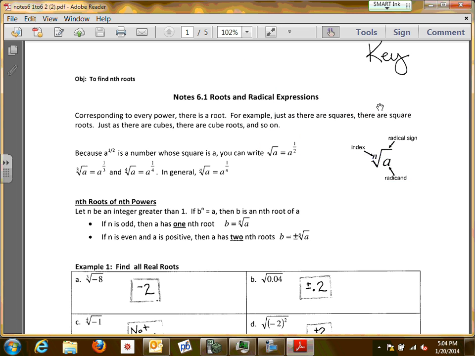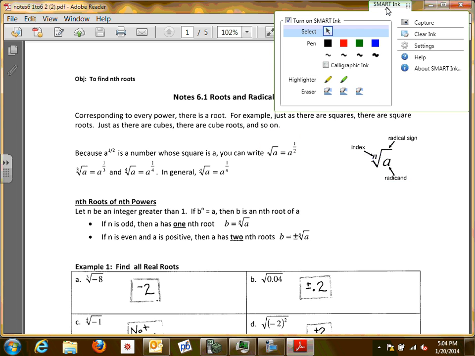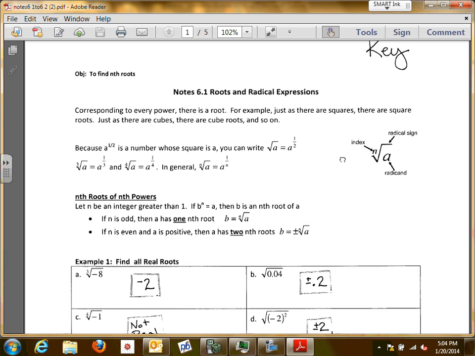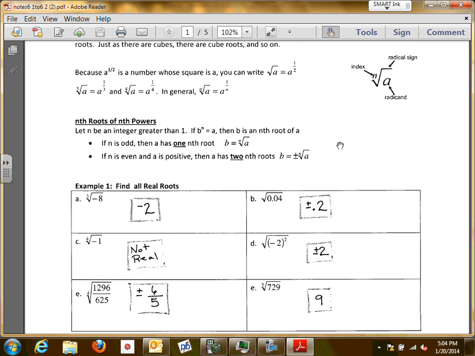And I need to be able to move this, so let's see. Okay. All right, so here with this example, example number 1, of course I have the answers written here, but what I want to do is teach you some things about it, not just the answers.